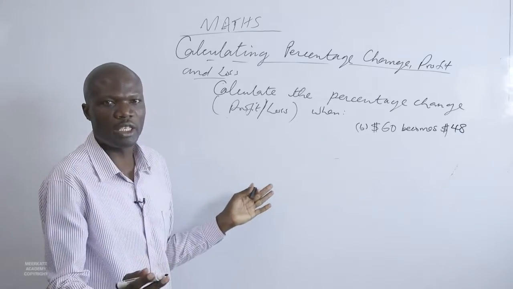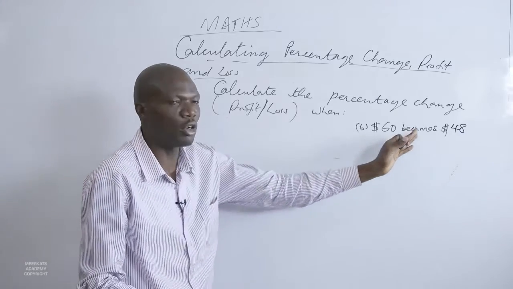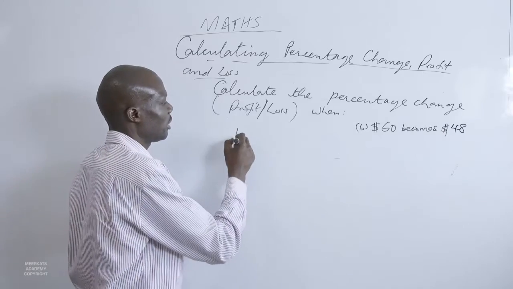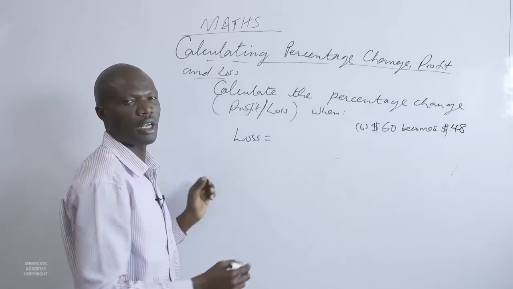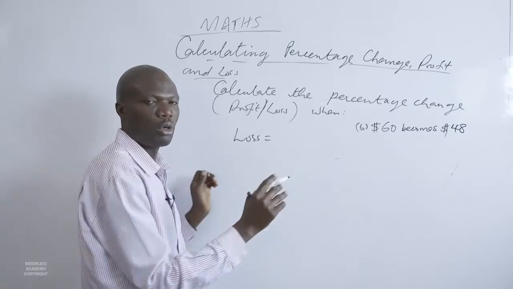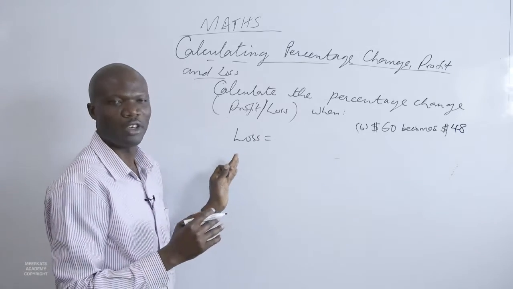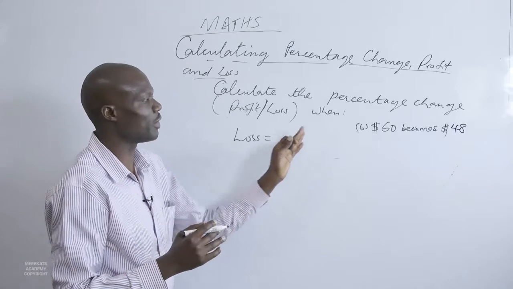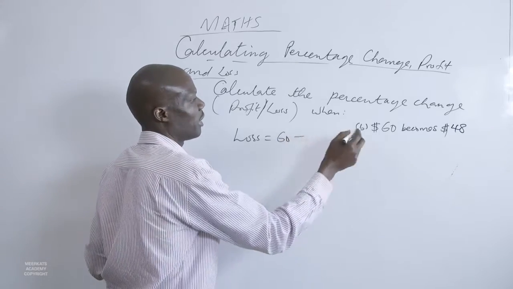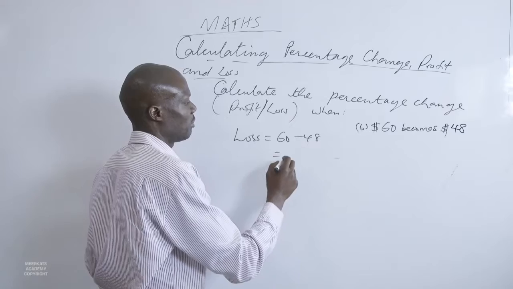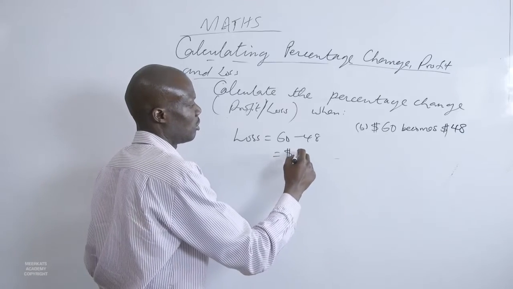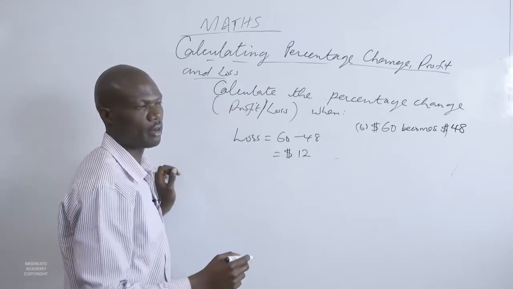The change here is clear. 60 has fallen to 48, therefore it is representing a loss. So to calculate the loss, it is not the selling price minus the original. This time it is 60 minus 48, which will give us $12.